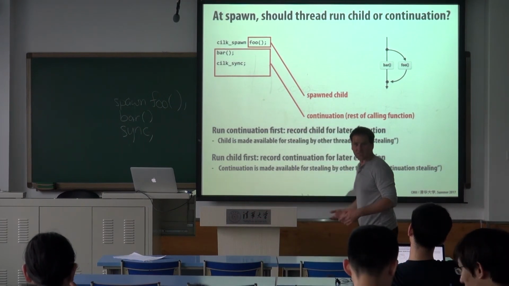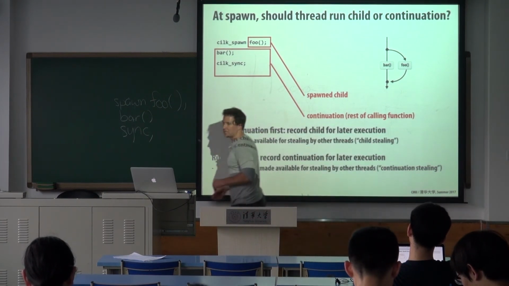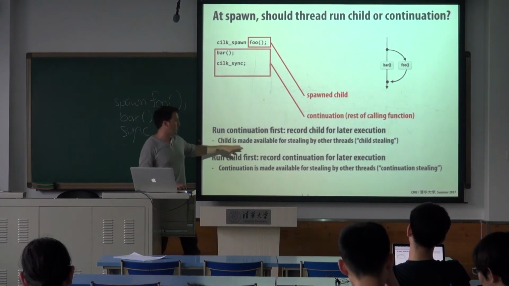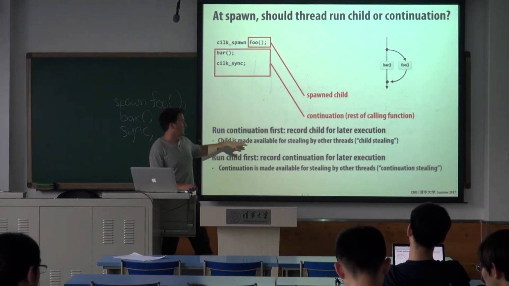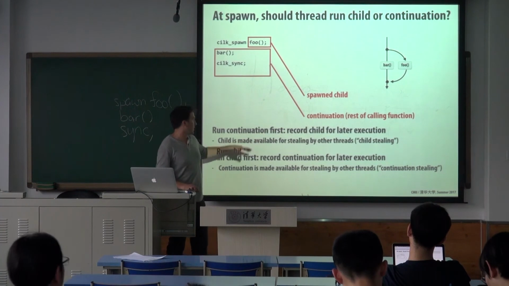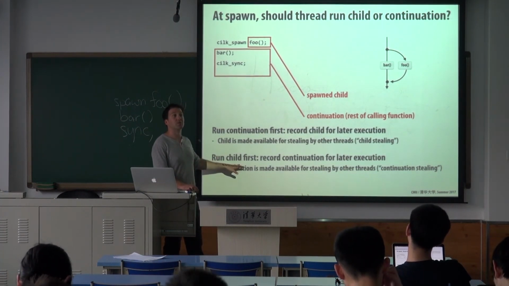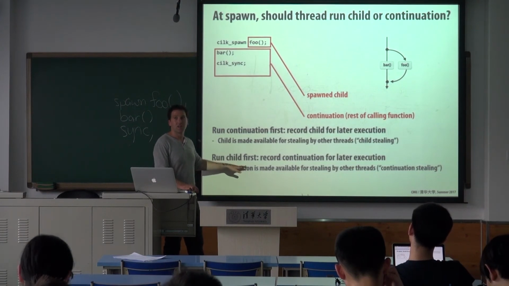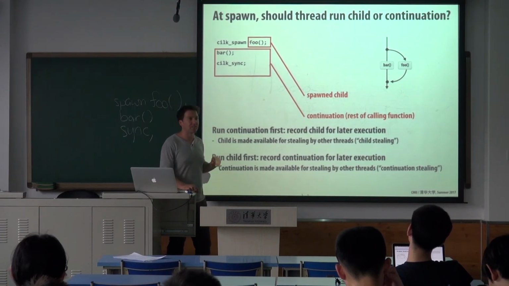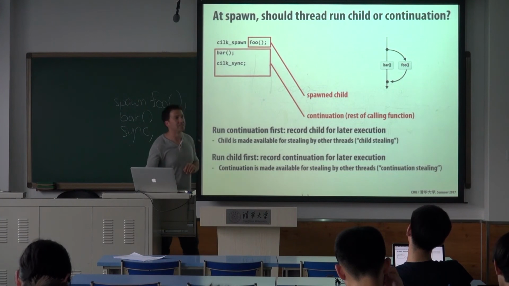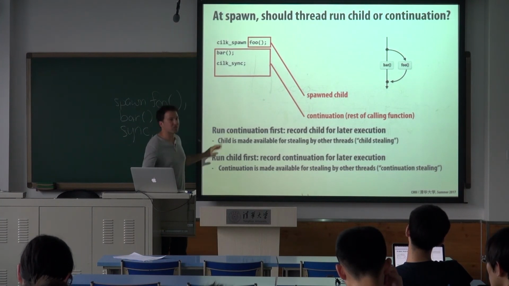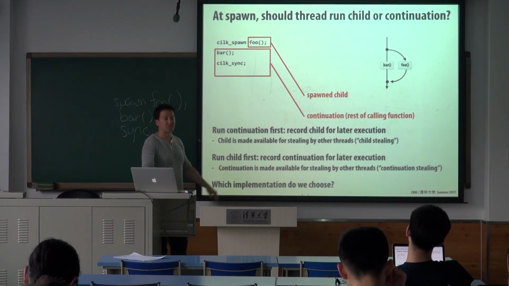So there were two options here in how to implement this. The first option was run child first. What I described was run foo, run the child first. We could have also done run continuation first, which is kind of interesting. And it's also not very clear which one is better. So which one do we choose?